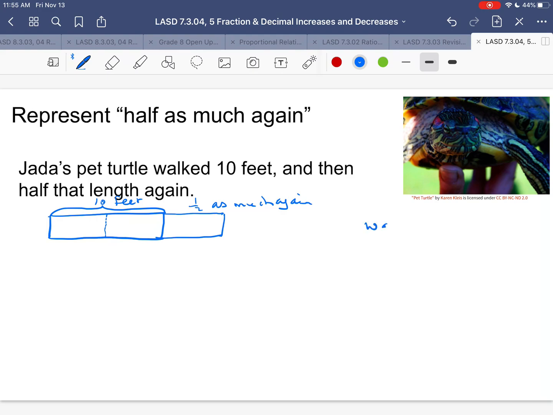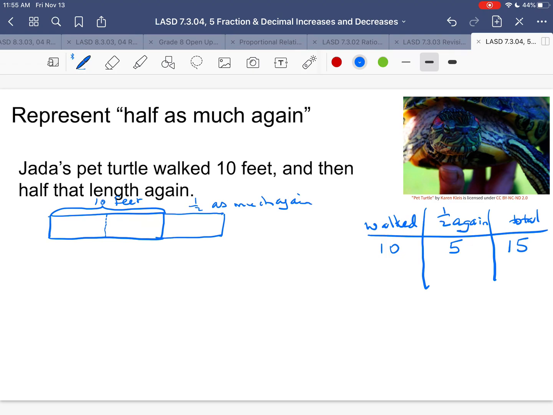We could write walked, and then half as much again, and total. So we'll need 3 columns. So they walked 10 feet. Half as much again is 5 feet, because 5 is half of 10, and your total is 15 feet.